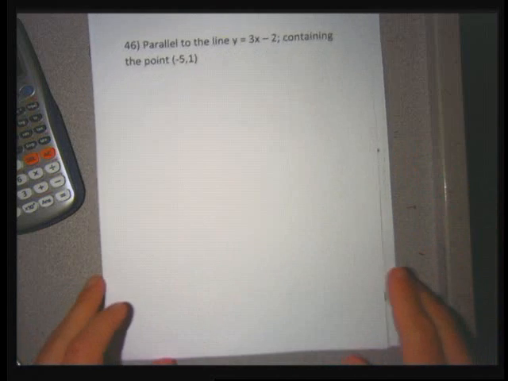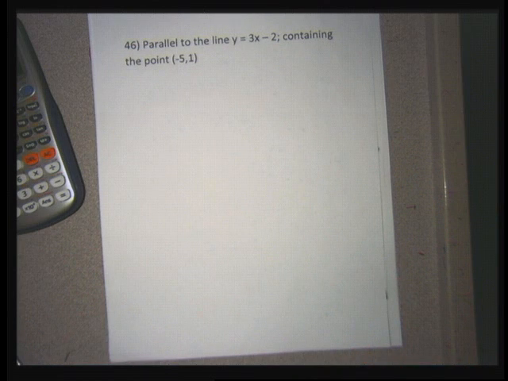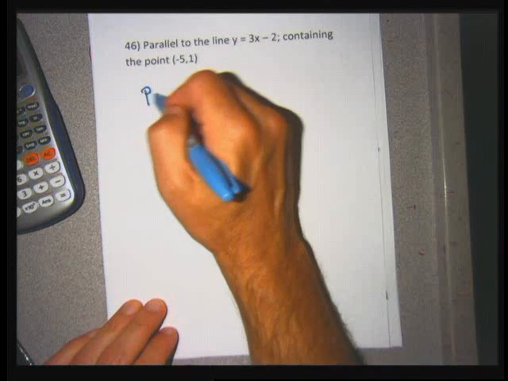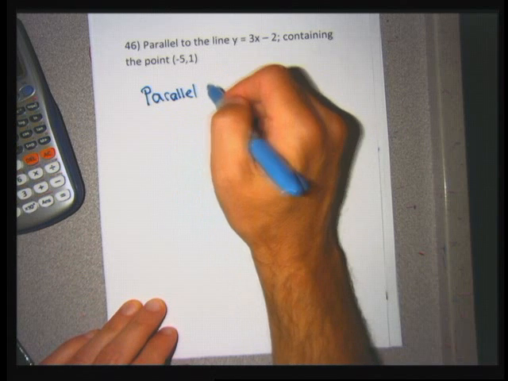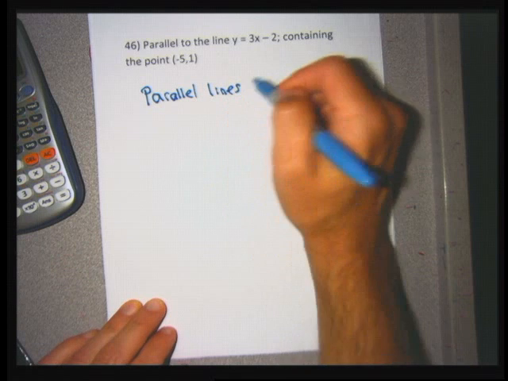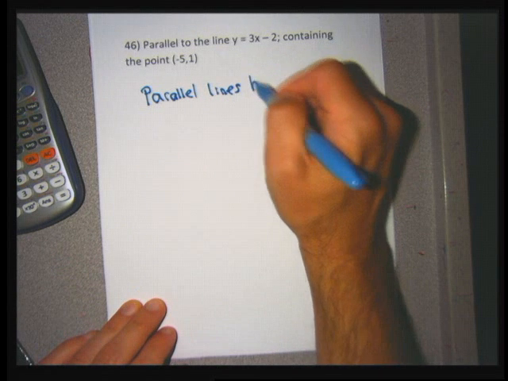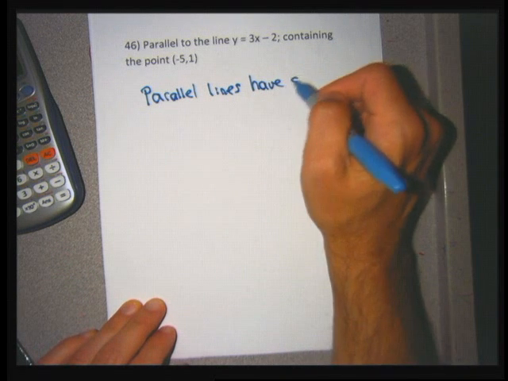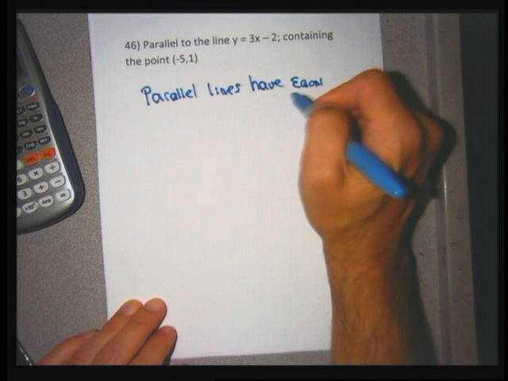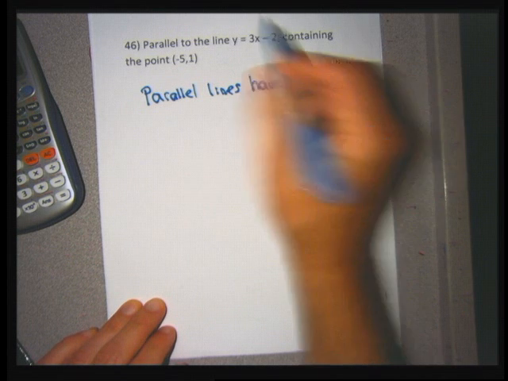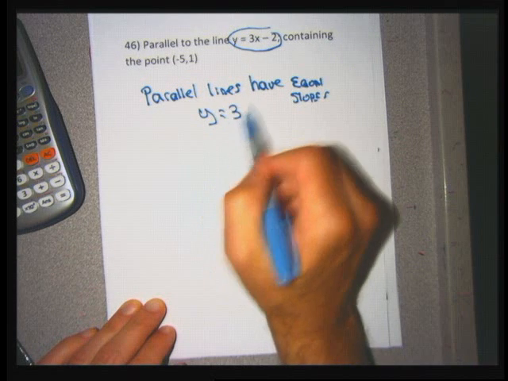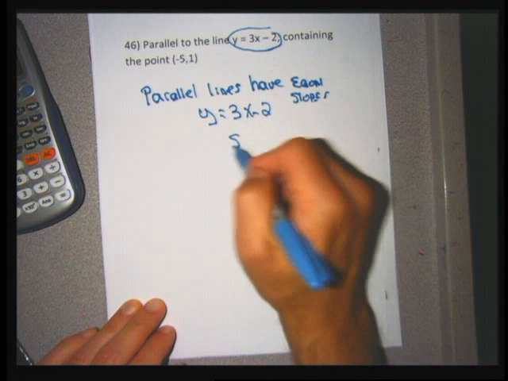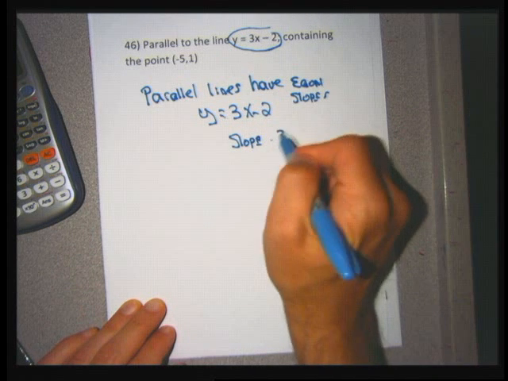46 is a mess. 46 gives me the m in hiding. Parallel lines have equal slope. So when I read through problem 46, I'm given an equation for a line, and this equation, y equals 3x minus 2, has a slope of 3.